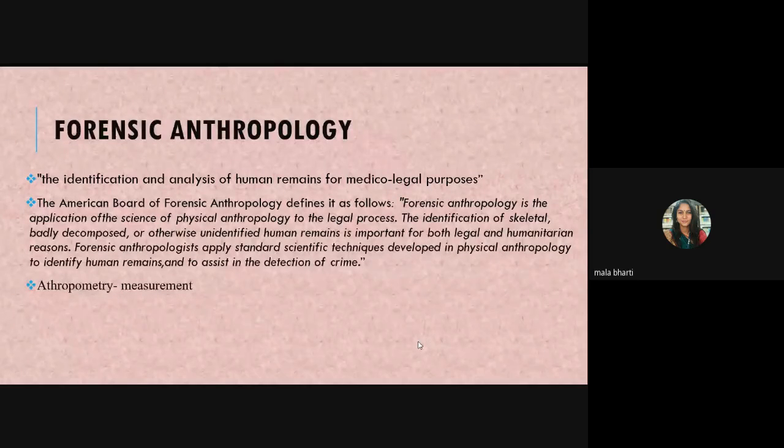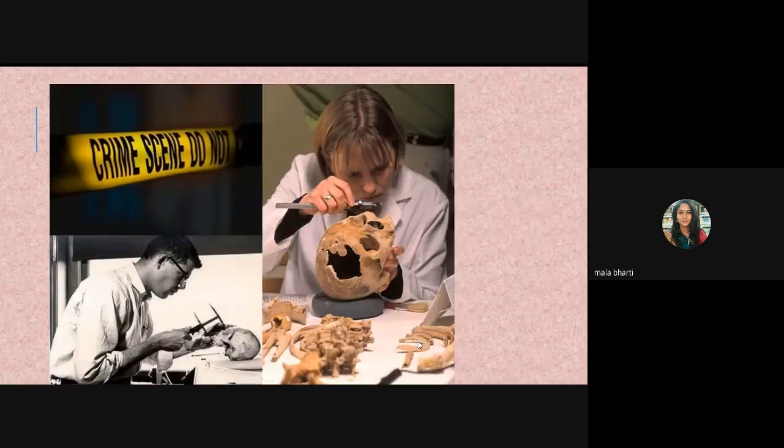Certain anthropometric instruments are used to find out the dimensions, the length and breadth of those bones, and then we do the biological profiling of that individual. It's very necessary that the person giving the opinion has proper knowledge of anatomy, and of medicine as well to an extent, right?